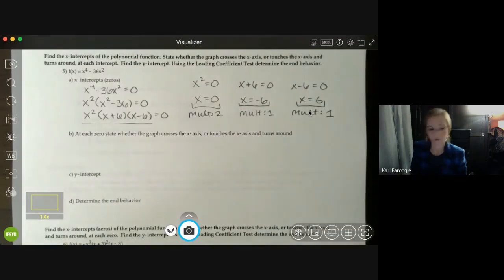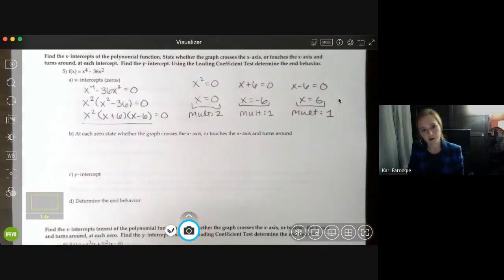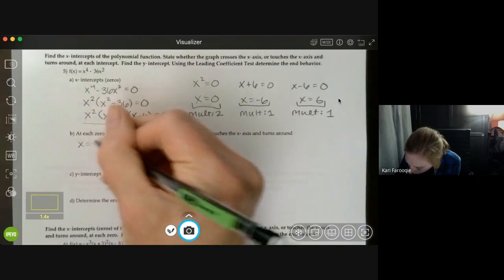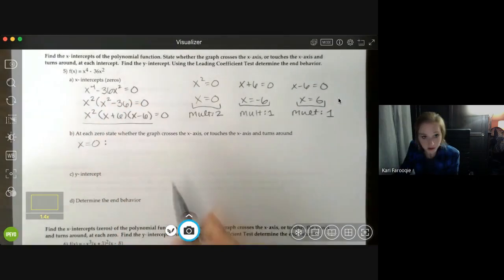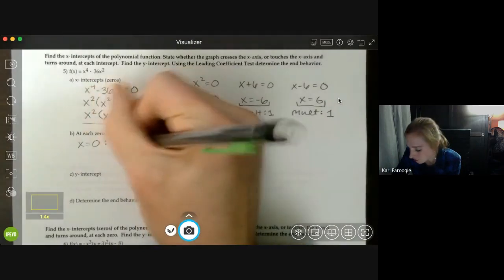And that leads us right into B. All of this sort of flows together. You find the zeros, you figure out their multiplicity, and from there you can talk about the graph's behavior at that 0. So we know that at x equals 0, we have a multiplicity 2, so the graph will touch and turn around at that 0.